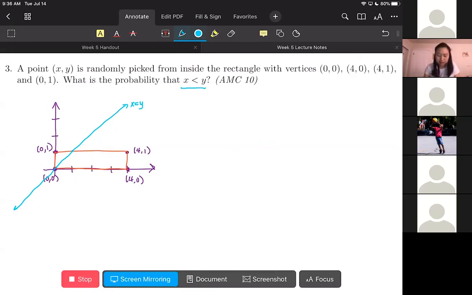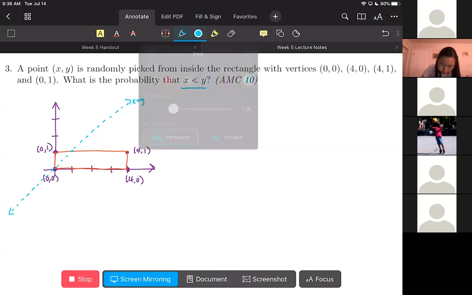So in this case, let me just draw it as a dotted line. So this is x equals y.